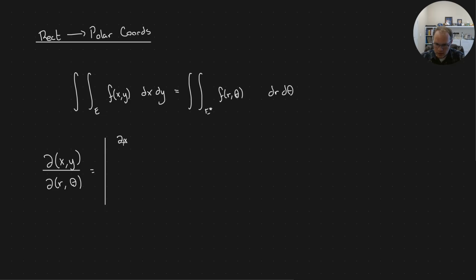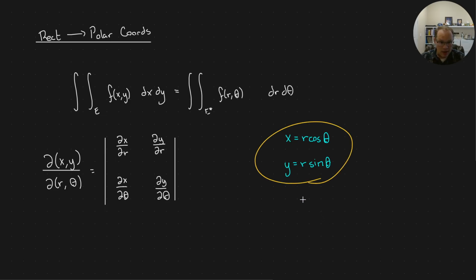My new variables are r and theta. So I need to be able to express x and y in terms of my new variables r and theta. Well, we remember that x is equal to r cosine theta, and y is equal to r sine theta.